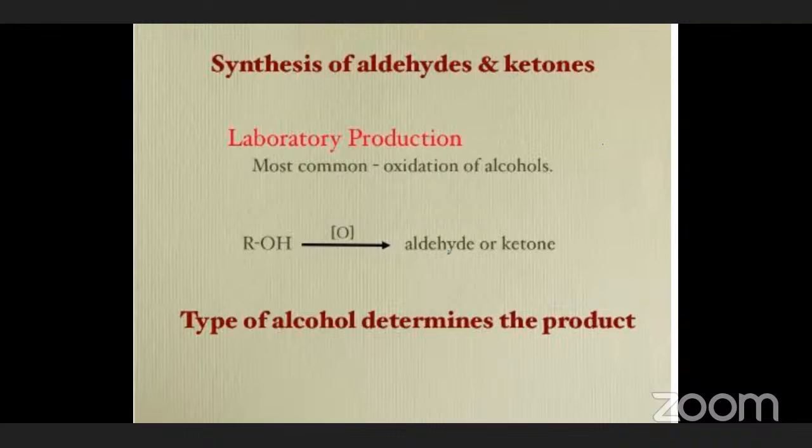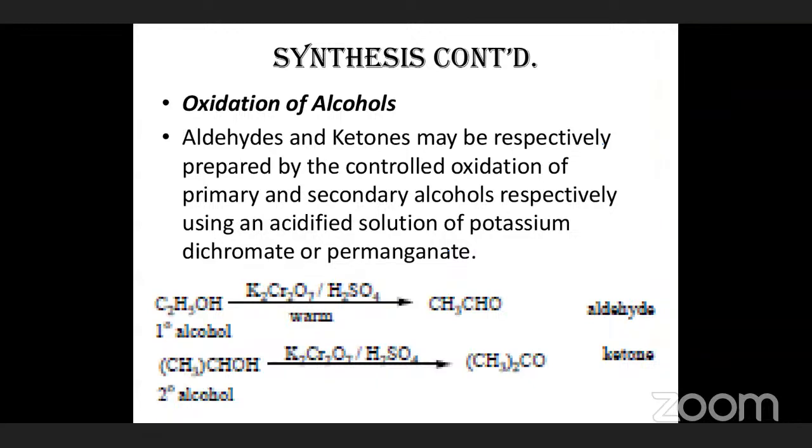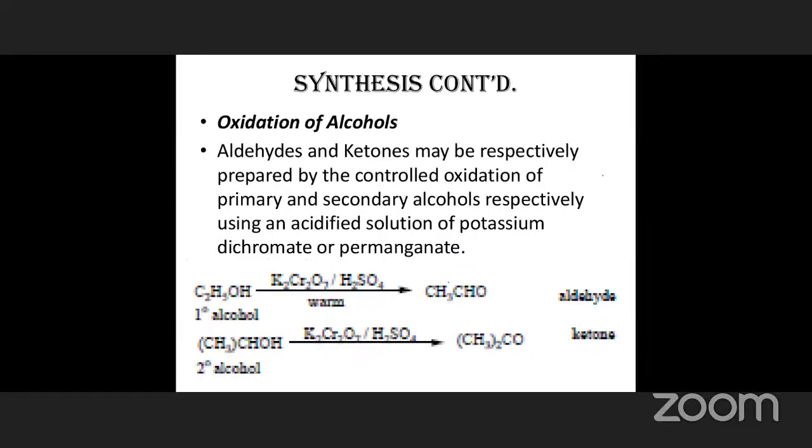So let's look at some examples. Here in the equation, you can see that is ethanol, C2H5OH is ethanol. That's one way of writing it. So get used to it. You can also see it written this way: CH3CH2OH.